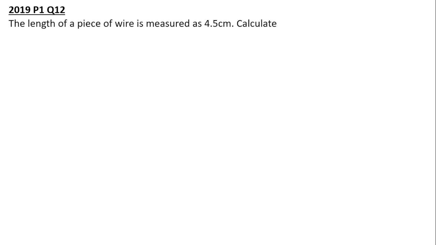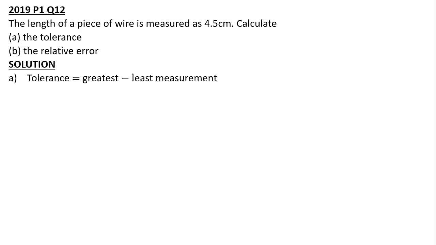2019. The length of a piece of wire is measured as 4.5 centimeters. Calculate the tolerance. Calculate the relative error. So we are going to say tolerance is equal to greatest minus least measurement. So we'll have to find the greatest and the least measurement.